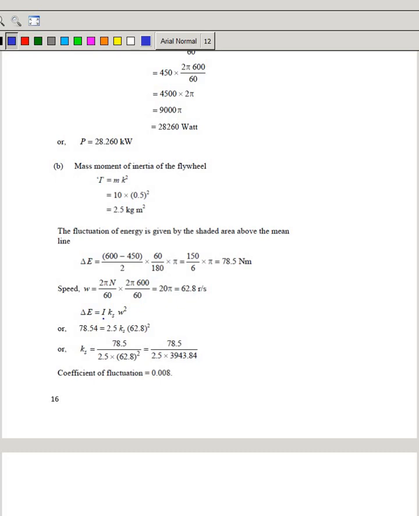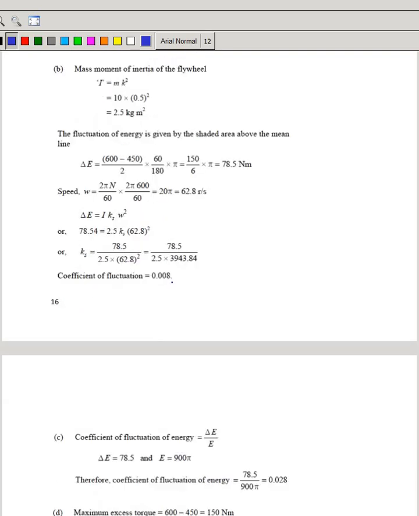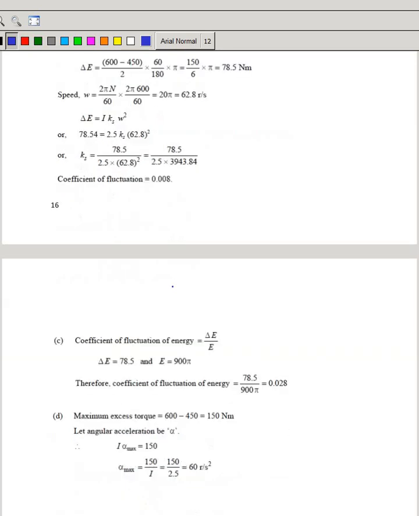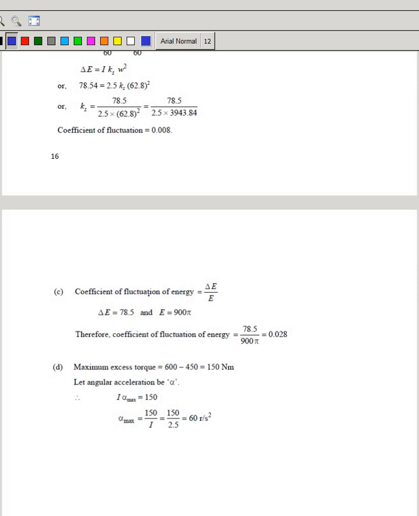Once you get delta E, and you know the speed, then Ks, the coefficient of fluctuation of speed, is 0.008 overall, so 0.8% overall. And the coefficient of fluctuation of energy is delta E by E, where delta E is this and E is the energy available per revolution.